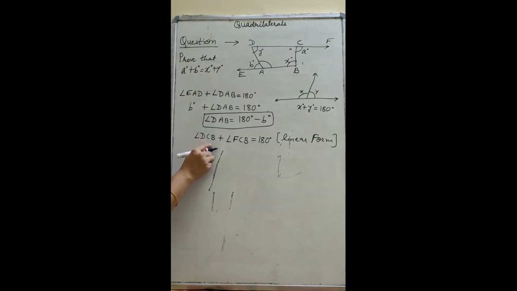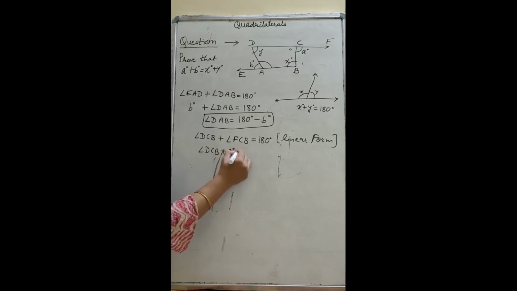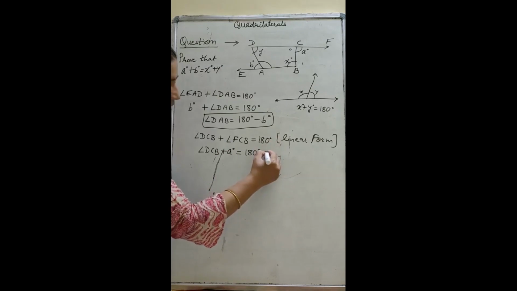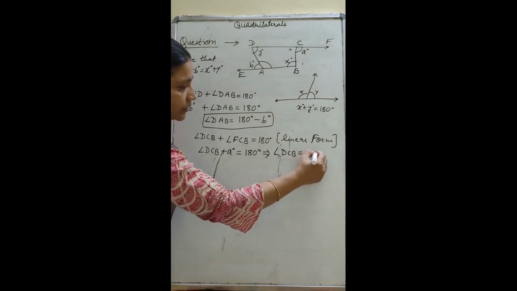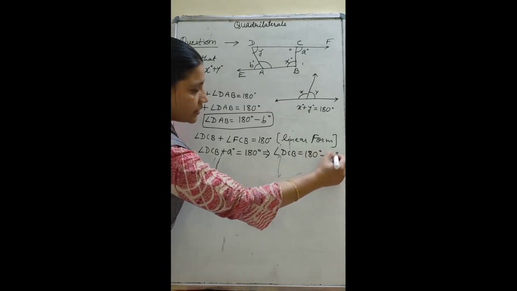Angle DCB, we don't know the value, but we know the value of angle FCB. So angle DCB plus A degrees is equal to 180 degrees. We move A degrees to that side. So we have angle DCB is equal to 180 degrees minus A degrees.